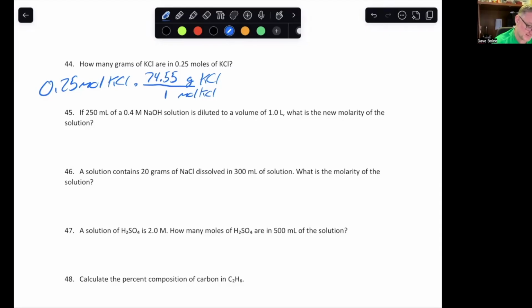But if I write it like this, I always know if I need to multiply or divide. I don't have to worry about it. And in this case, 0.7455 divided by 0.25. So you should expect an answer right around the range of 17 to 19 grams of KCl. Remember to post your answer to 2 decimal places.